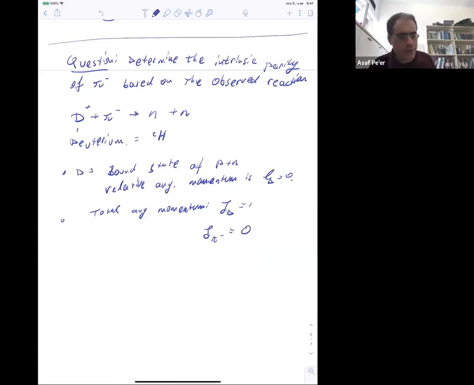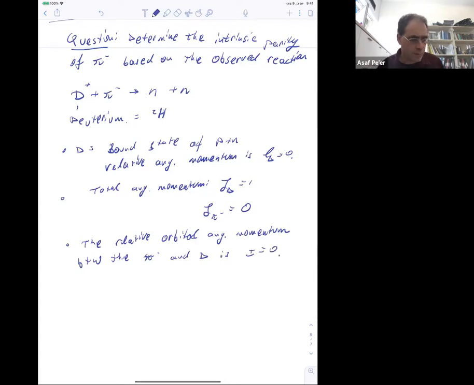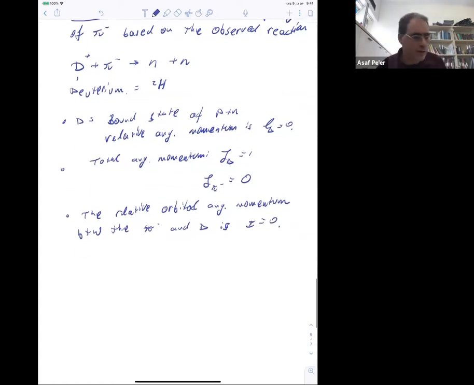Experimentally, the way this capture is done is called an S wave, so the relative orbital angular momentum between them is 0. And the last thing we know is that this reaction occurs via the strong interaction, so parity is conserved.